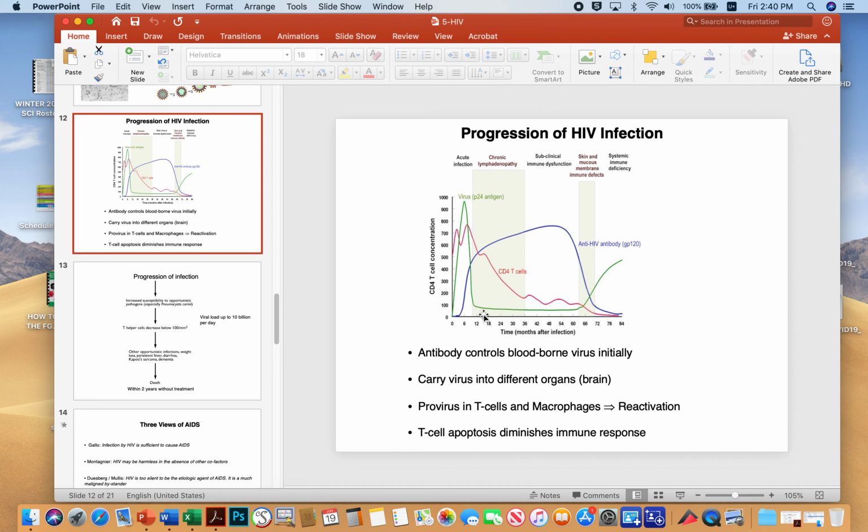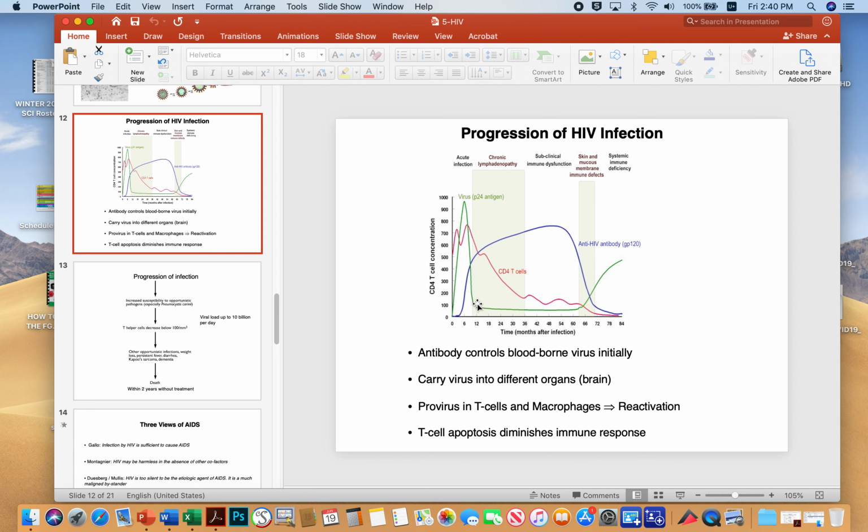And what's happening here is the virus is actually replicating intracellularly for long periods of time, and it's a slow burn. So again you don't see much antigen in the blood, but what we do see is this gradual drop in CD4 T cell count as the virus replication starts to kill these T cells.